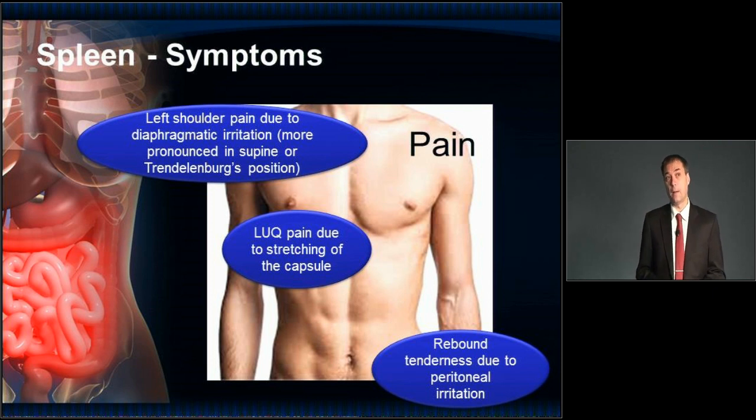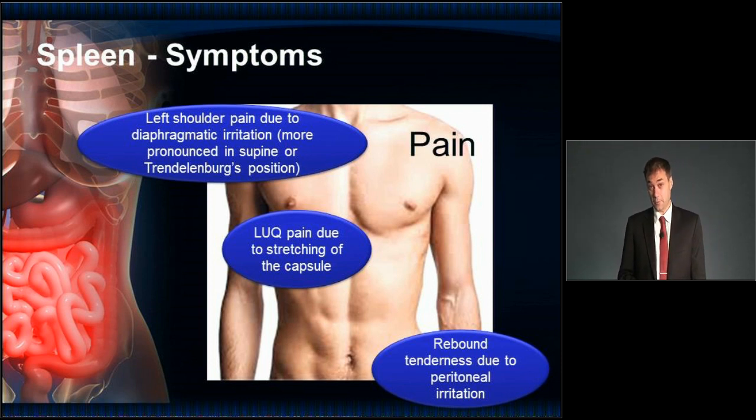Also, if the blood leaks from the capsule, it can irritate the diaphragm. Because your diaphragm and your shoulder share the same nerve pathway at T10, people with splenic injuries that have blood pushing the diaphragm up may actually have shoulder pain on the left side as opposed to abdominal pain.